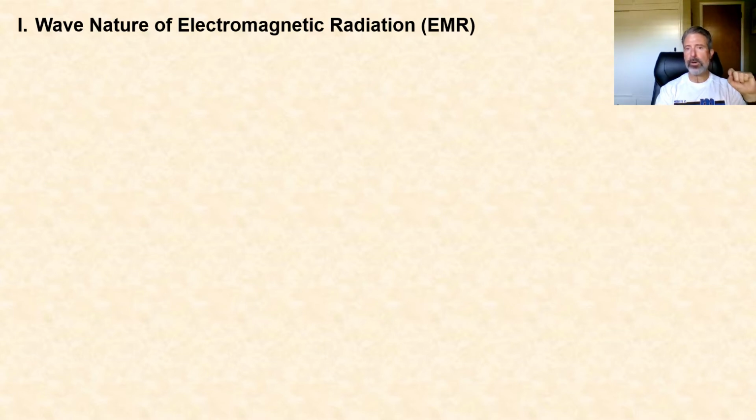We classified all waves as being either mechanical waves or electromagnetic waves. And for mechanical waves, our classification scheme involved wave subclasses, that is, transverse, longitudinal, and surface waves, describing the direction in which the particles in the medium were displaced.